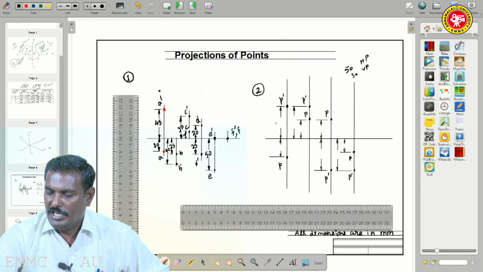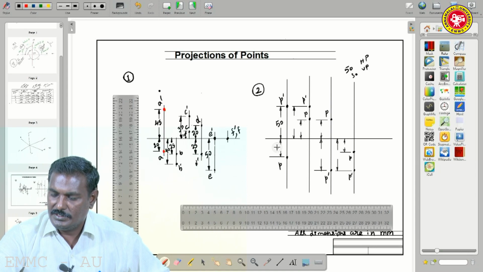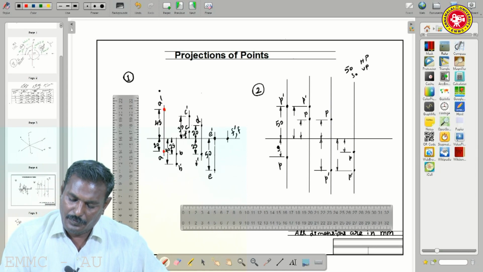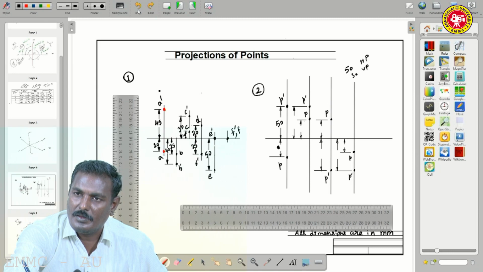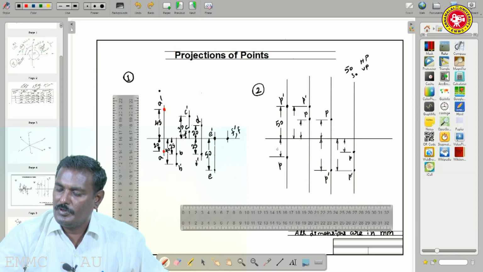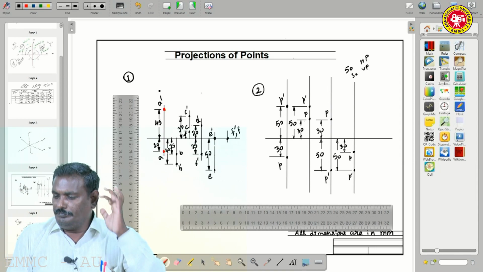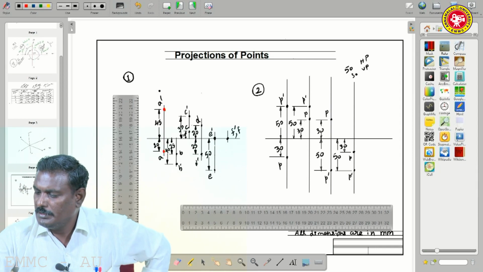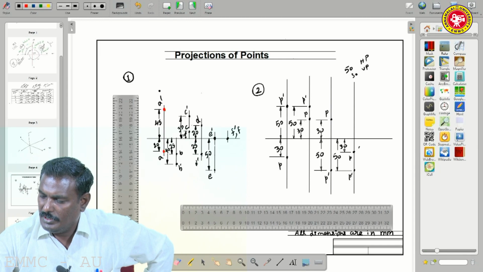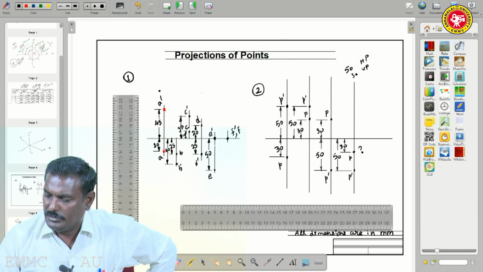So this is 50 mm, this is 30 mm. This is 50, 30, 30, this is 50, this is 50, 30. Here we have to check, okay, but 30.